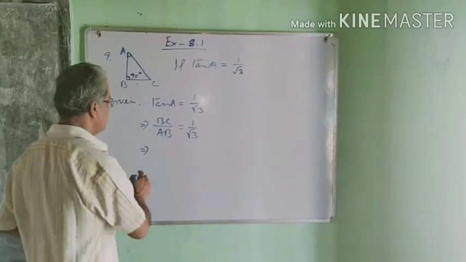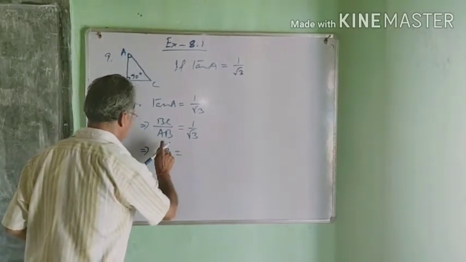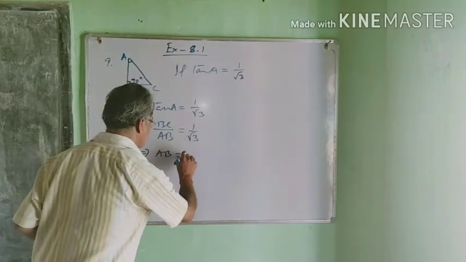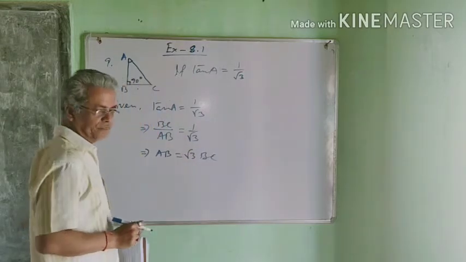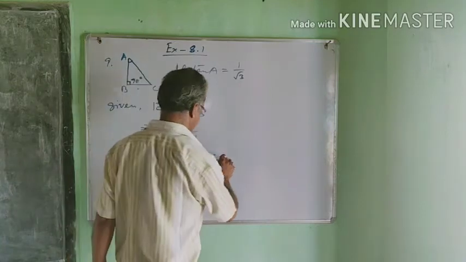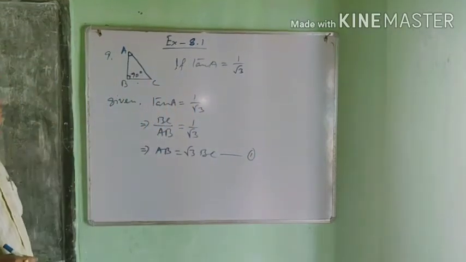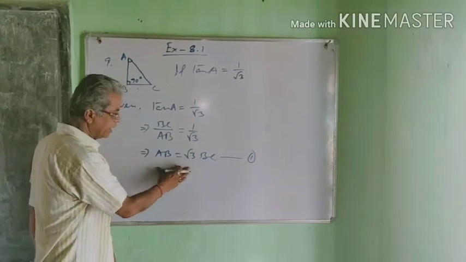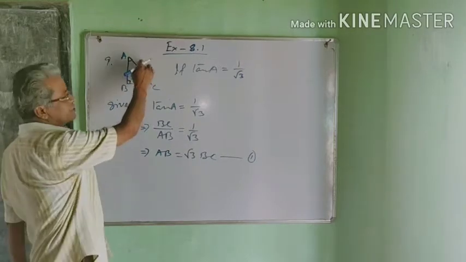Therefore, AB is equal to, by cross multiplication, AB into 1 is AB. AB is equal to root 3 BC. From this relation, we can find out what is AC.